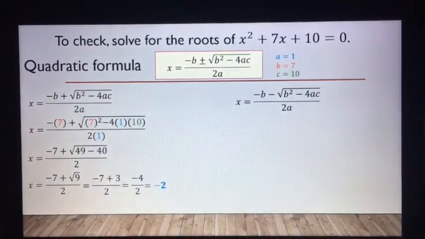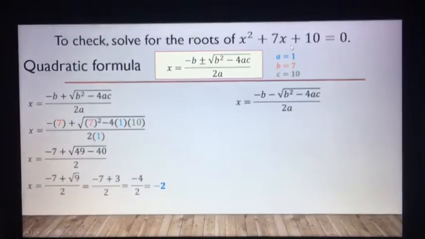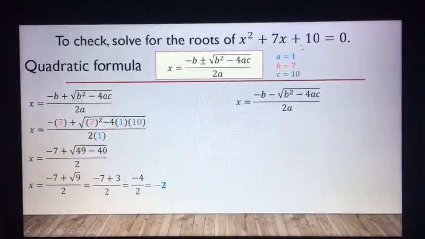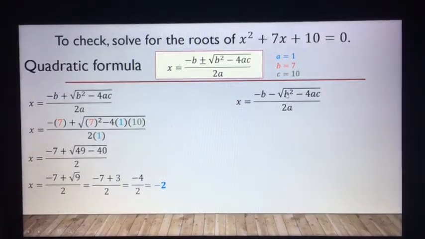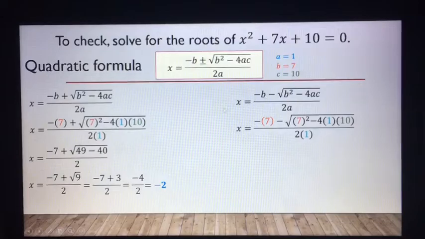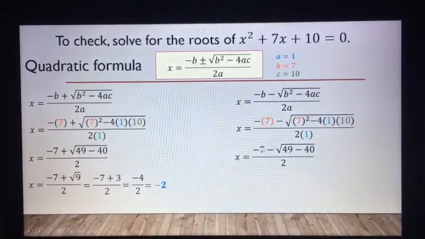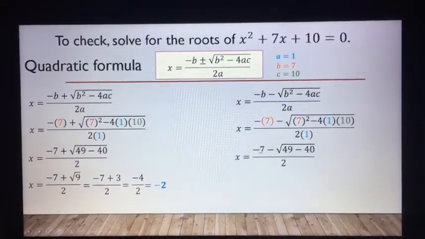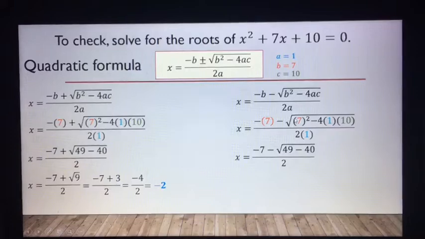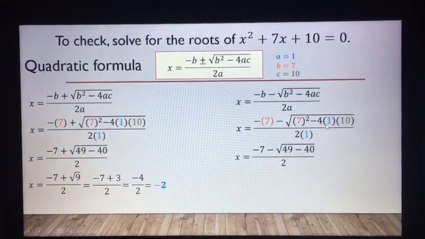So, yan yung isang root ng quadratic equation na x squared plus 7x plus 10 equals 0. Ito naman, solve ulit natin ito. So, substitute, then solve. So, we have here negative 7 minus square root of 7 squared minus 4 times 1 times 10.